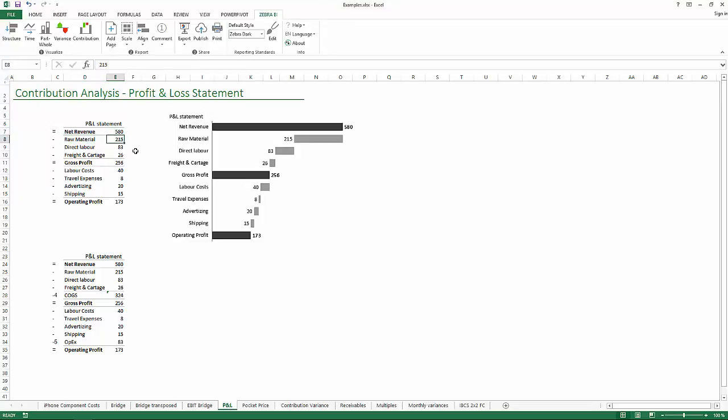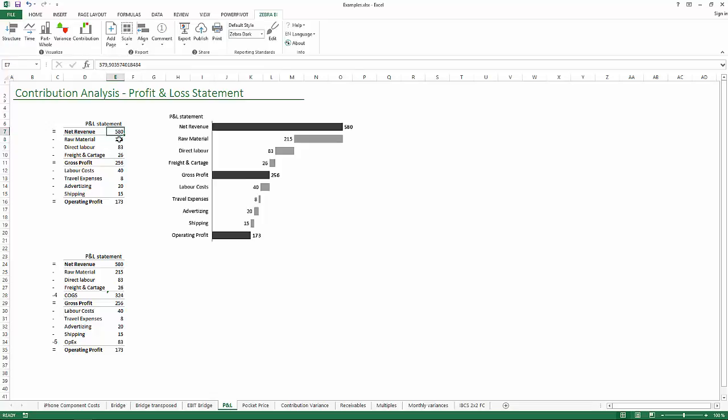Now, I have a positive number here. Of course, you could have a negative number. If you are using negative numbers for costs already in your data source in Excel, that's fine, then you'll be fine from the beginning. But from the reporting standpoint, it's actually better to use positive values for costs, right?